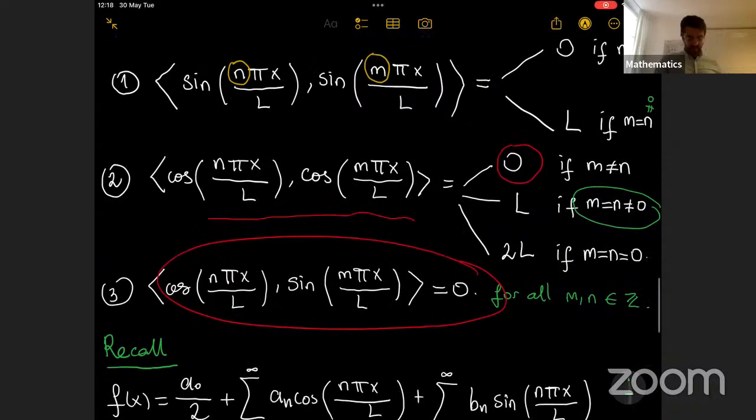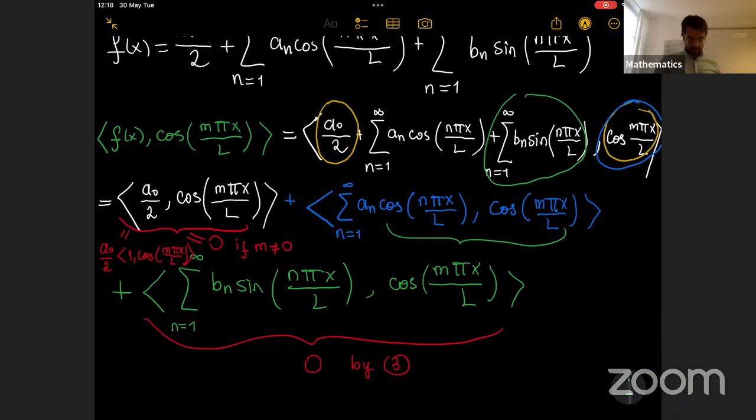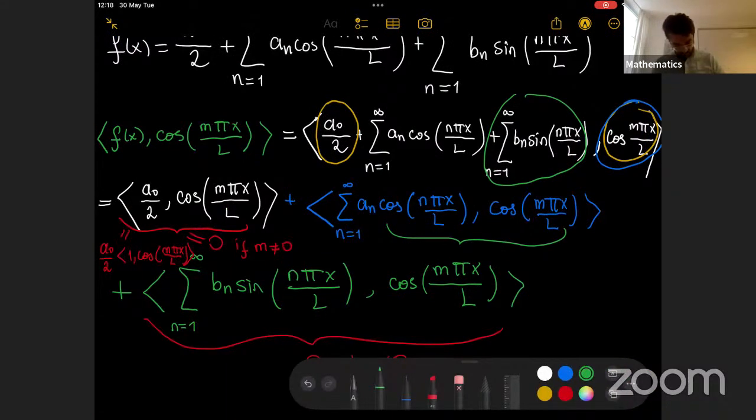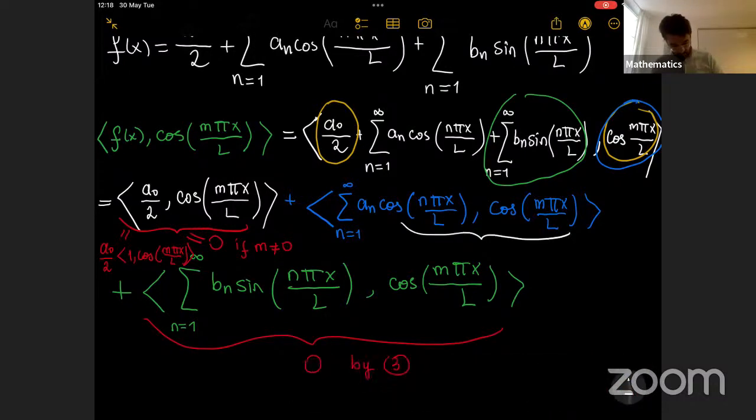So it's equal to L if m is equal to n, not 0.